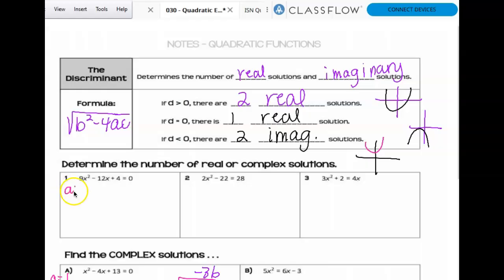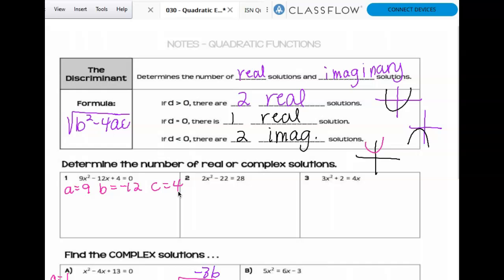So my A here is 9, my B is negative 12, and my C is 4. So to find the number of real or complex solutions, I have to figure out, is it positive, equal to 0, or negative?